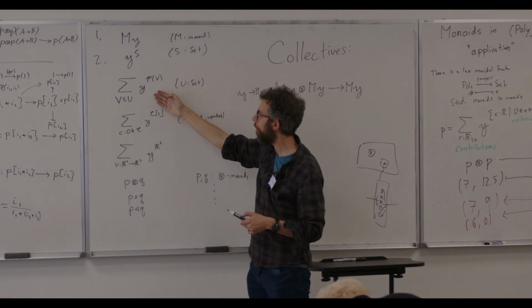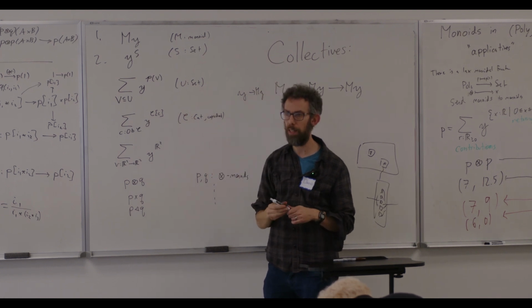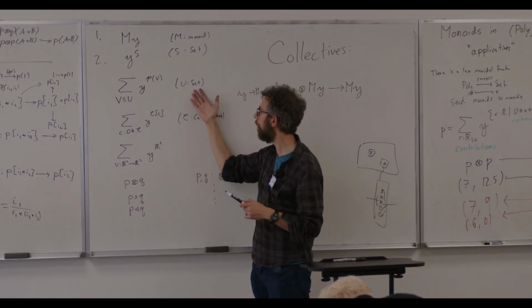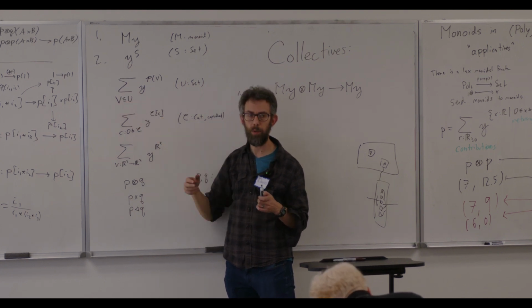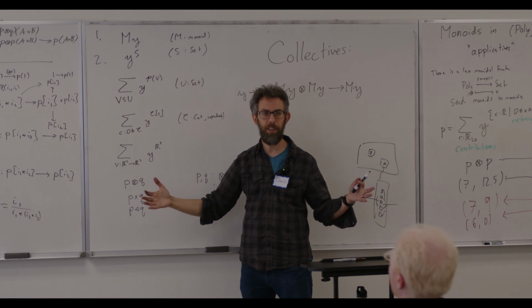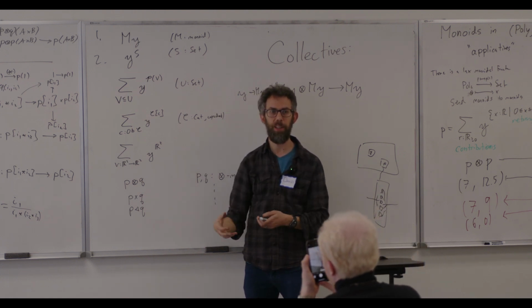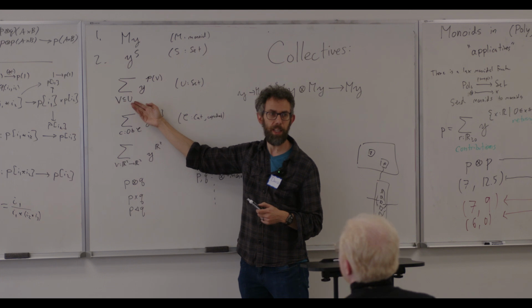Number 3, fix a set U, like the set of reals or the set of colors or whatever you want, and make a polynomial whose positions are subsets of U. So the people are going to be contributing subsets. Like this one contributes salt and pepper, this one contributes some steak or whatever.